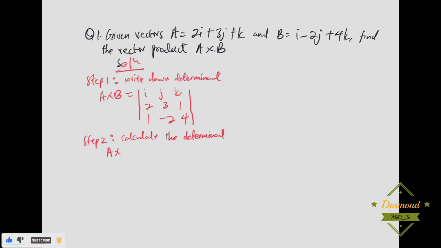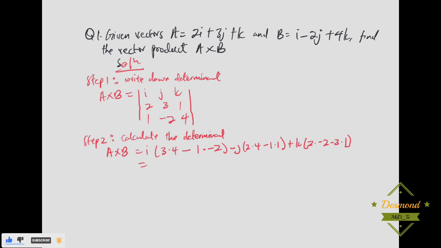We have A times B equal to i multiplying 3 times 4, that is, minus 1 times negative 2, then minus j, 2 times 4 minus 1 times 1, then plus k multiplying 2 times negative 2 minus 3 times 1.